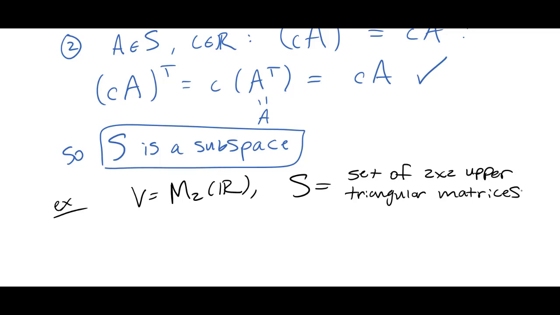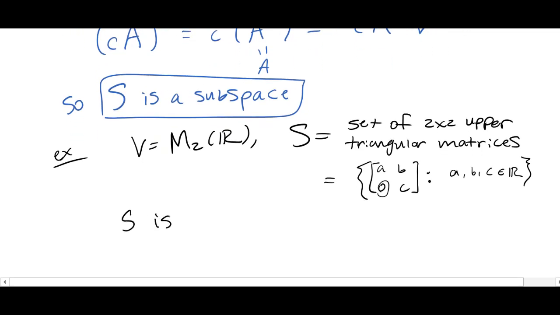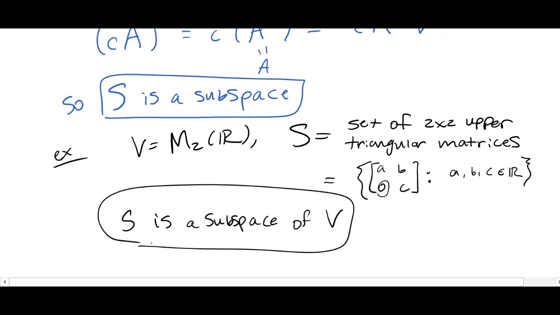This is a set of matrices of the form A, B, 0, C, where A, B, C are real numbers. If you take two upper triangular matrices and add them together, it's still going to be upper triangular, because you'll still have a 0 here. And if you multiply it by any number, it'll still be upper triangular, so S is also a subspace of V. You could also do lower triangular matrices.